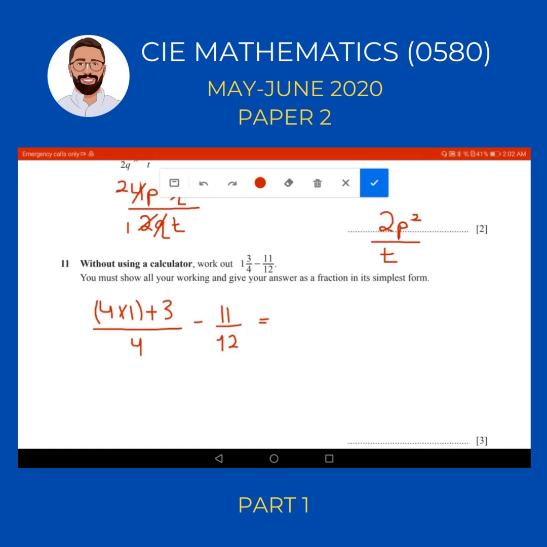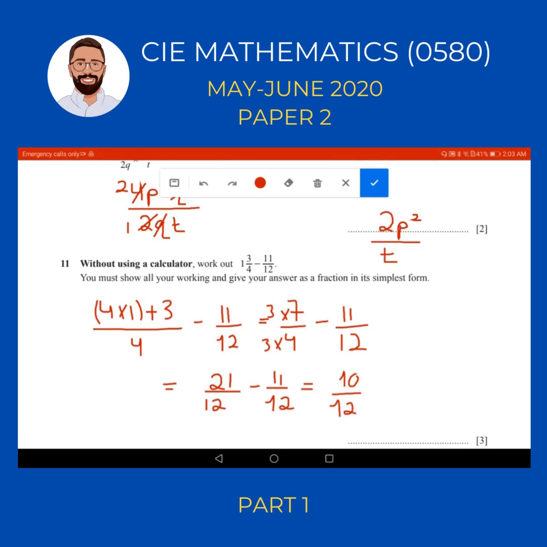So 4 times 1 is 4, plus 3 is 7, so 7 over 4 minus 11 over 12. Now, when we want to add or subtract fractions, we need to make sure that the denominator is the same. So I need to multiply 4 times 3 and 7 times 3. So 7 times 3 is 21 over 12 minus 11 over 12. And the answer is 10 divided by 12.